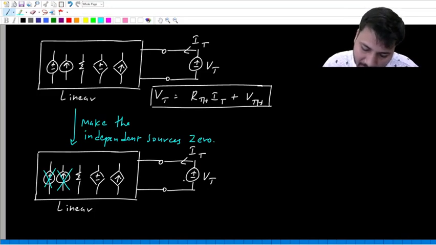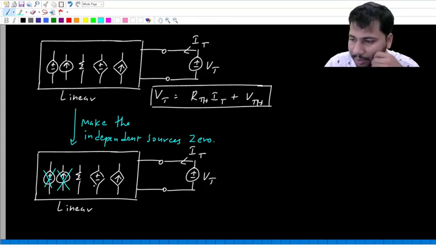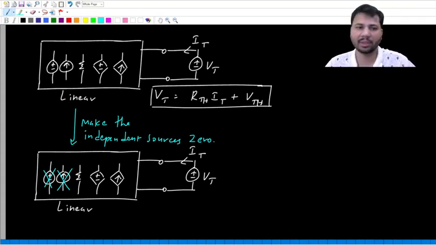Now what is the relation between Vt and It? In a circuit, currents will flow only because of independent sources.